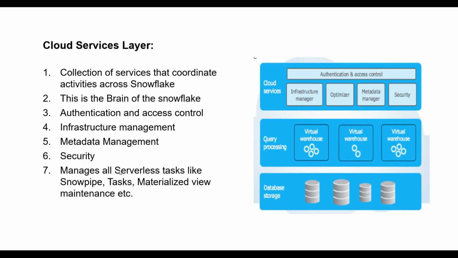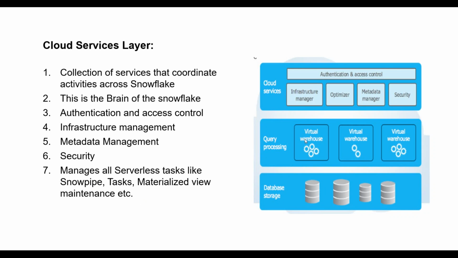And the cloud services layer manages all serverless tasks like Snowpipe tasks, materialized view maintenance, and some other things. These are some of the serverless tasks. That means we don't need virtual warehouses to run Snowpipe, to create a task, or to manage the materialized views.